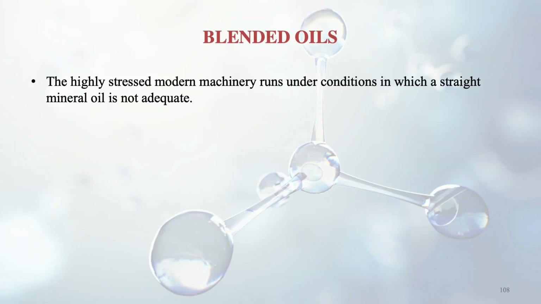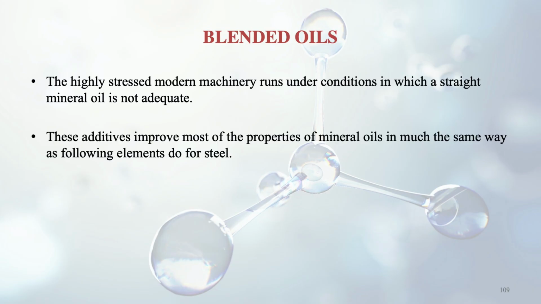Then we have the blended oils. There are certain good properties, certain drawbacks also. So we can go for this blended type. The highly stressed modern machinery runs under conditions in which a straight mineral oil is not adequate. So we cannot simply say that I will use either animal or vegetable oil or mineral oil. We have to go for blended oil.